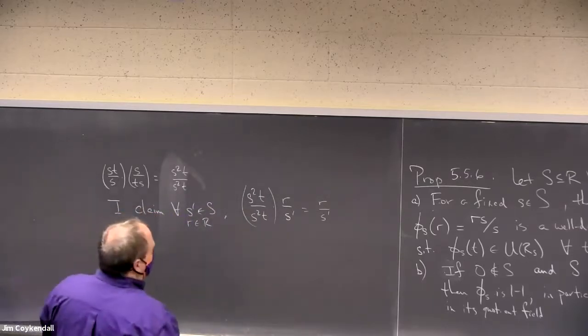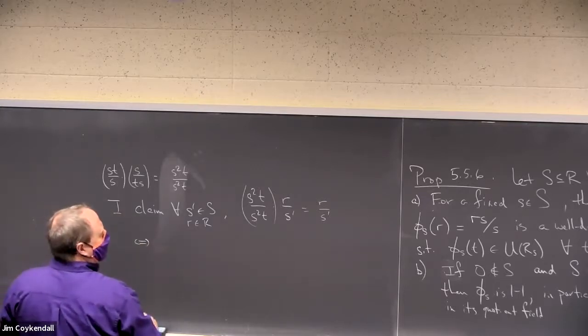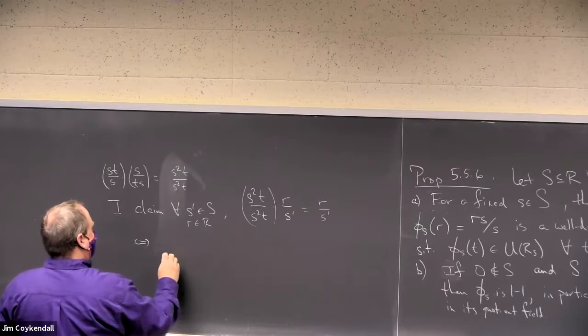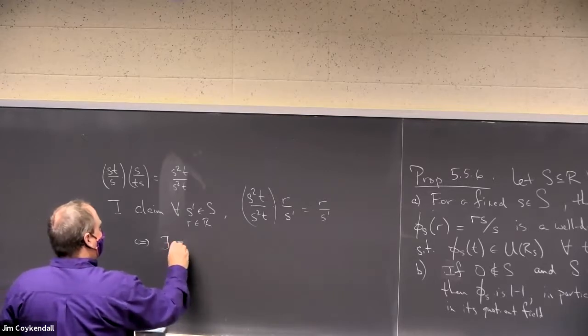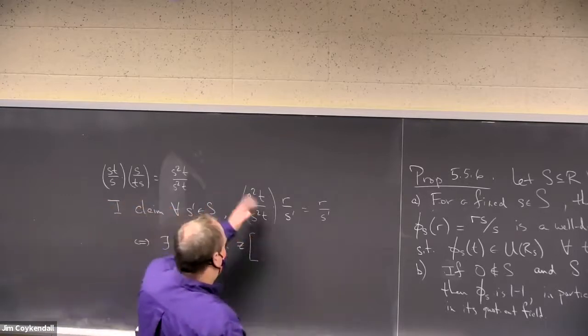And so this is equivalent to this holding only if there exists a Z in S, Z cross multiplied gives zero.